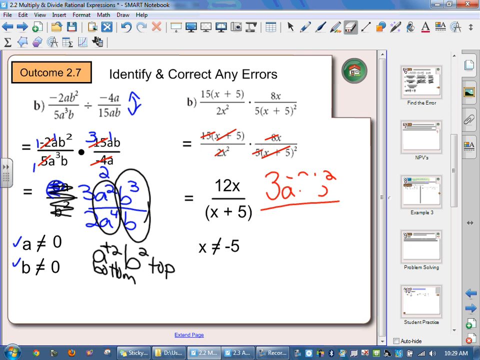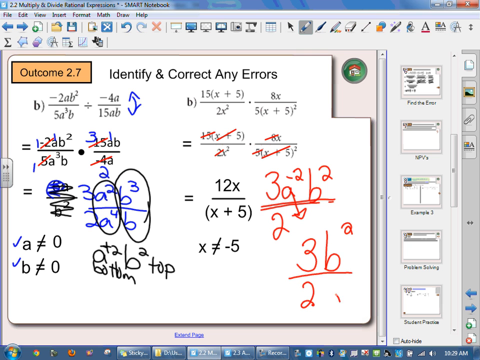That's what it would originally look like. Now you've got to take that A squared to the bottom to become positive. So your final answer is going to look like 3B squared on top of 2A squared. So they had the complete answer wrong. 100% wrong. They got their steps right, but their answer was wrong.